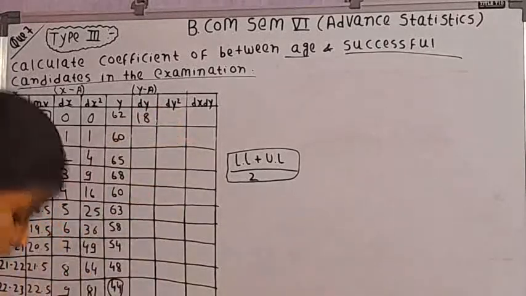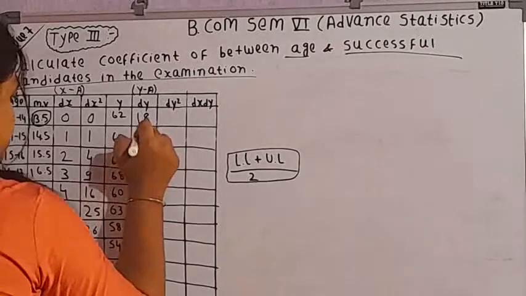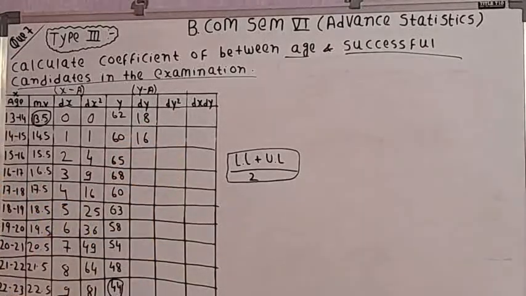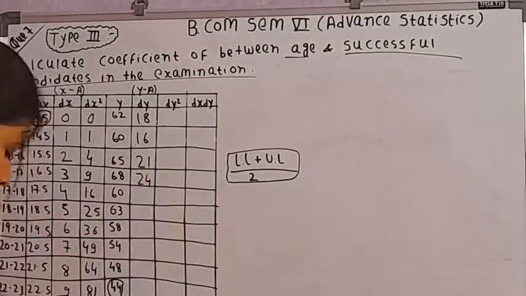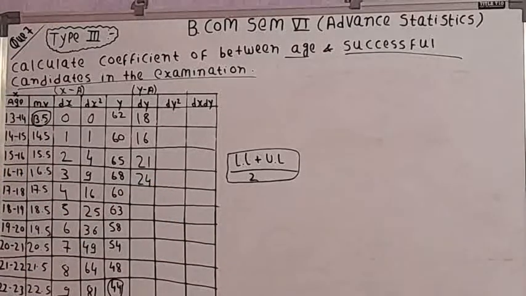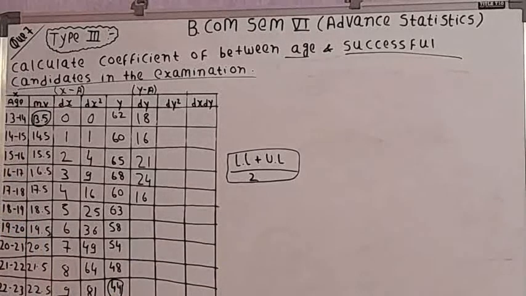Then 60 minus 44. It will be 16. Then 65 minus 44. It will be 21. 68 minus 44. It will be 24. 60 minus 44. So it will be 16. 63 minus 44.